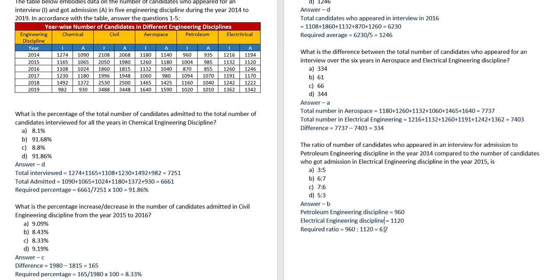For electrical engineering you take the 2015 figure, and for petroleum you take the 2014 figure. Do your rough work very carefully. Here the figure is 960, here it is 1120. So the required ratio is 960 to 1120, which comes to 6 to 7. So option B will be the answer.